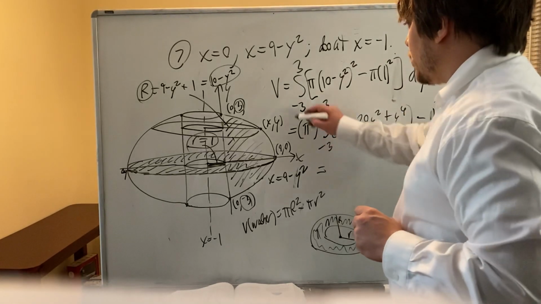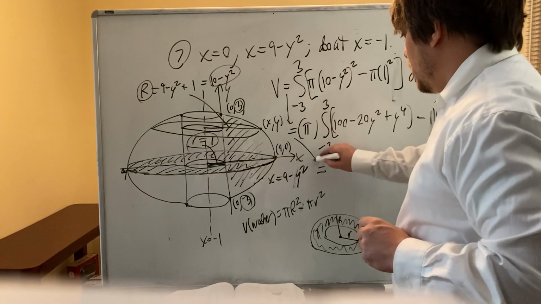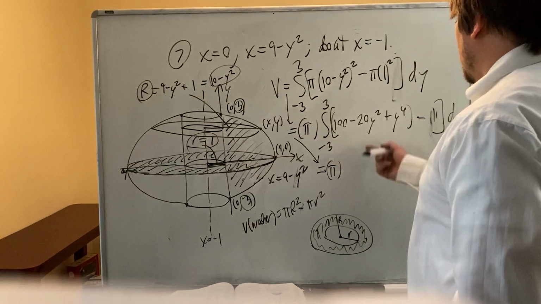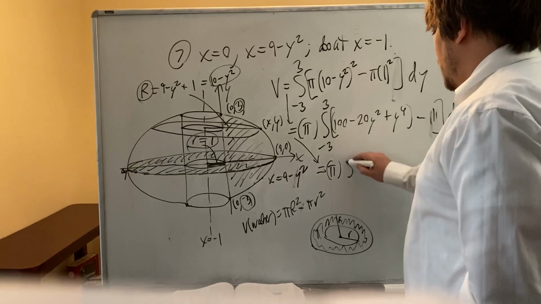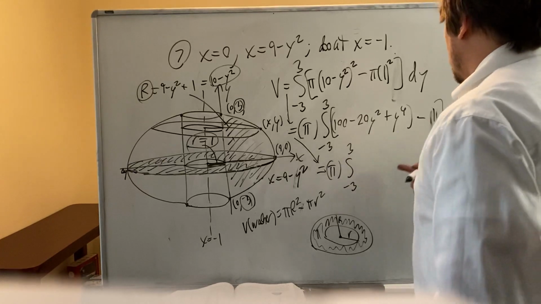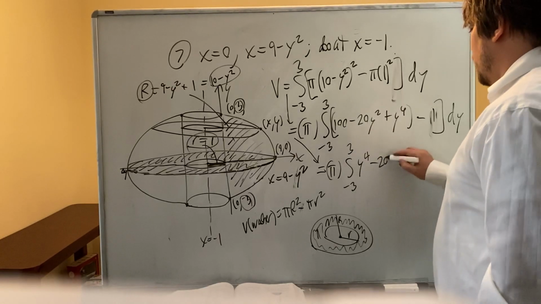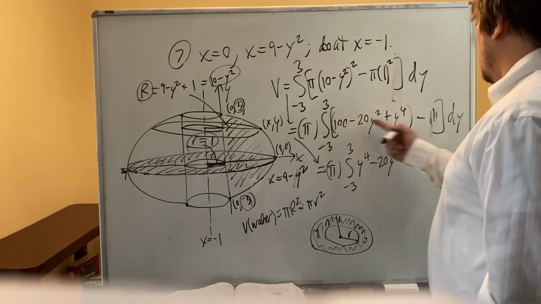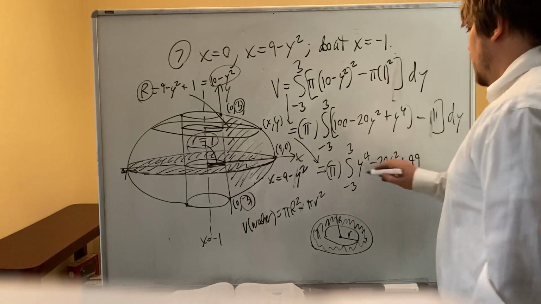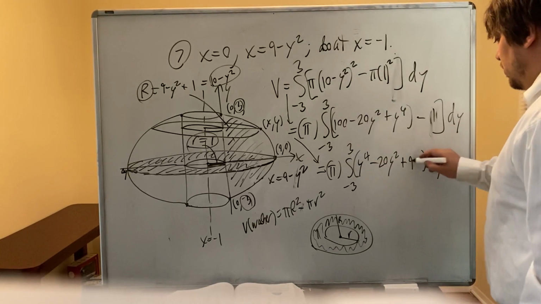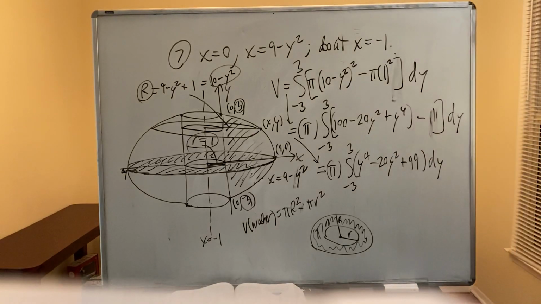And so that's equal to pi times, now I'm going to just combine like terms, which is not much work. This is y to the 4th minus 20y squared, and then plus 100 minus 1, which is plus 99, dy. All right.